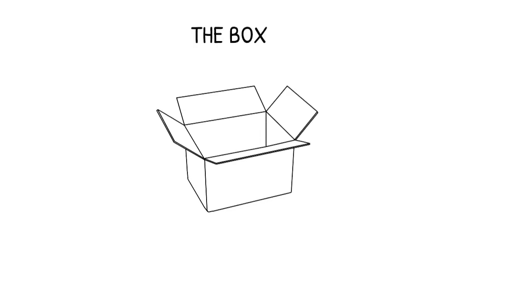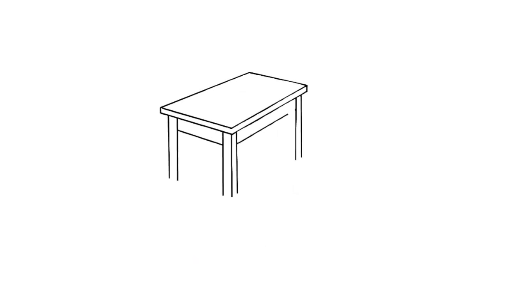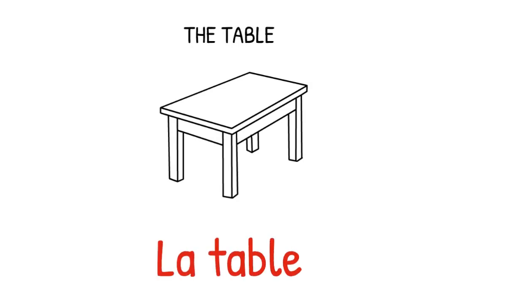Now here we have box, the box. Box is feminine, so we will use the feminine article, that is la boîte. Now here we have table. Again, the table. So feminine, la table. Now let's see what do we have next.